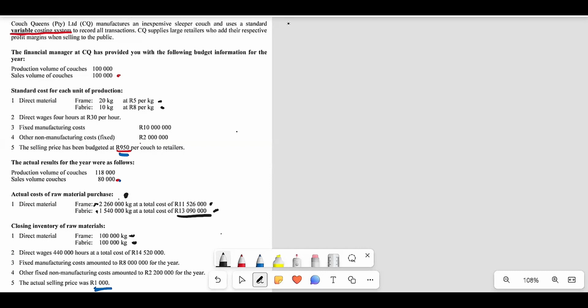So now what we have to do is take our budgeted material, which is 20 kg, multiplied by what we budgeted to produce, which is 118. So this is the usage that we had budgeted initially.